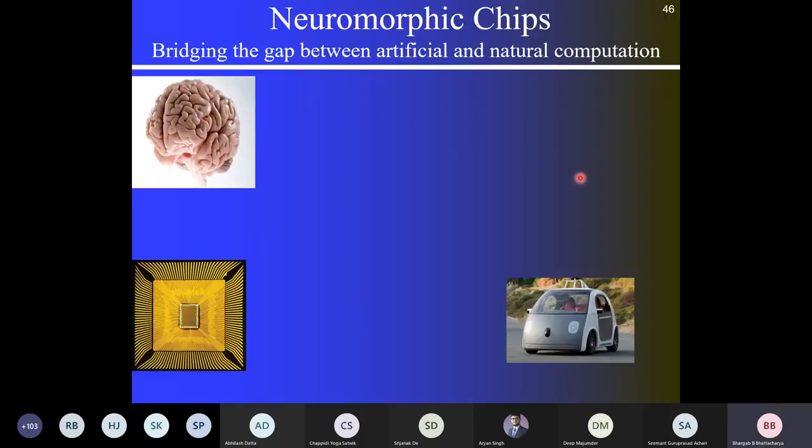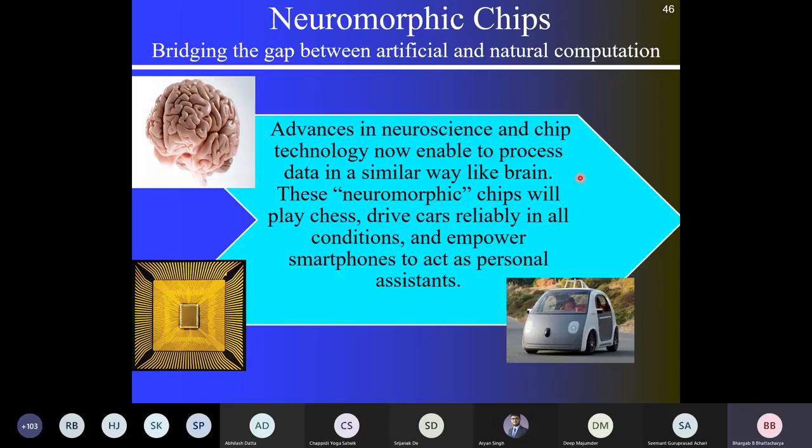The neuromorphic chip is basically a machine which is built on some kind of artificial intelligence. It attempts to bridge the gap between artificial and natural computation. See, the computation performed by a human being is different; it's called neural computing. So neuromorphic chips are based on this kind of philosophy.